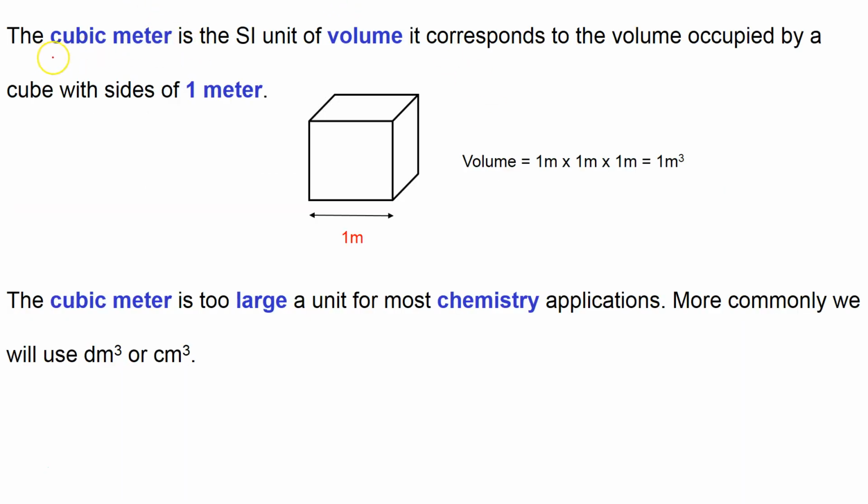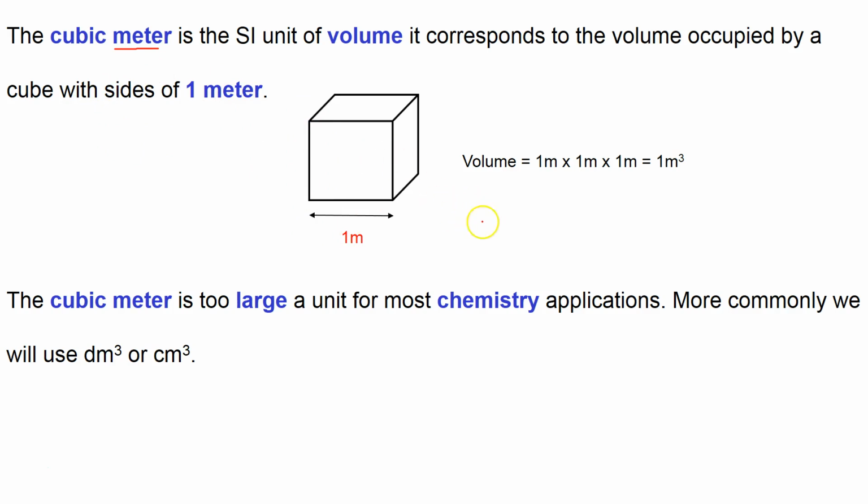So in the SI system, the base unit for length is the meter. So that means that the cubic meter would be the base SI unit of volume. Now that's a lot of stuff, because 1 cubic meter would be a cube that is 1 meter on each edge.